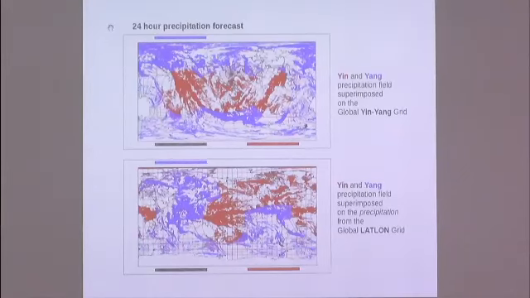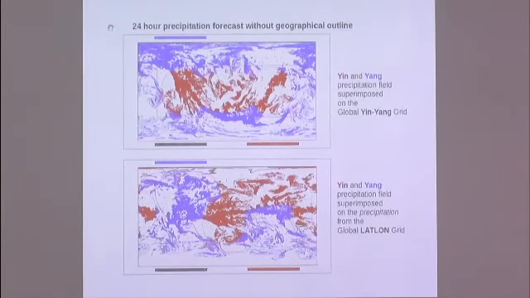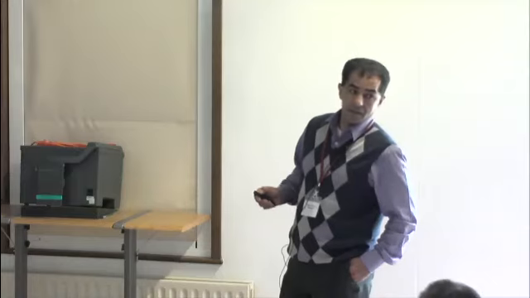I will skip this one. I have another one without lens. Same. So we have a 24-hour precipitation forecast without geographical lines. Here we have the Yin-Yang precipitation field superposed, and the global Yin-Yang. Here we have Yin in red, Yang in blue, and here you can see the overlap. We checked those numbers, it's almost the same.